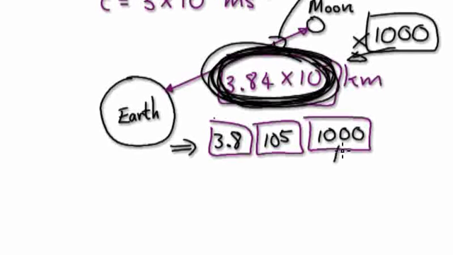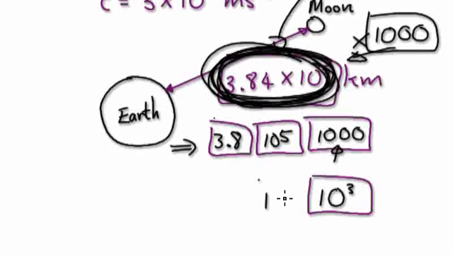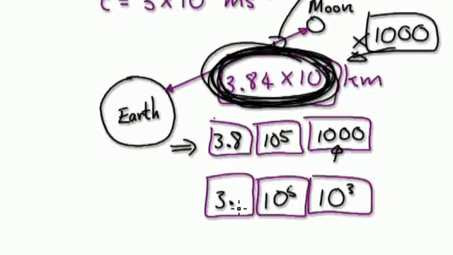Now turn this into 10 to the power of 3. So here you've got 10 to the power of 5, and then here you've got 3.84. I made a mistake there, sorry.